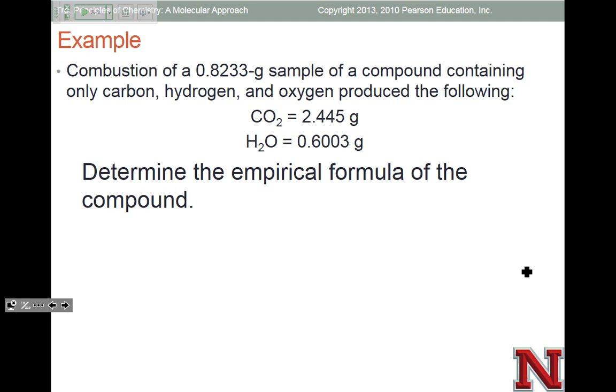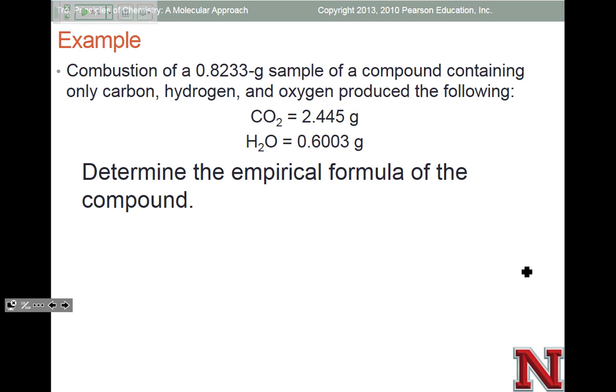So let's look at an example. The easiest way to really explain this is by an example. So first off, we did combustion. We started with a sample of 0.8233 grams of some compound. We don't know what the formula is. We know a couple of things about the compound.